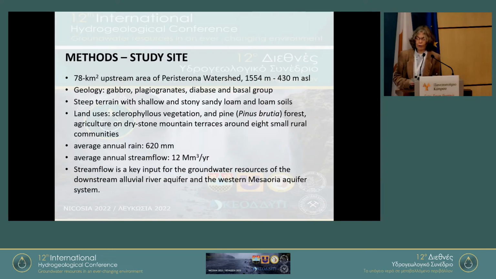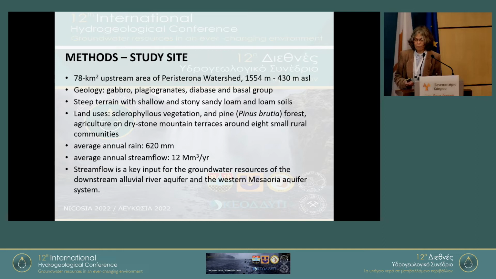So the study site, which I already showed you in the previous presentation, is a 78 square kilometer upstream area from 50 meters above sea level to 430 meters above sea level. Geology is gabbro mainly in the upstream area and diabase dominant in the midstream area. Very steep terrain with shallow soils, stony, sandy loam and loam soils.